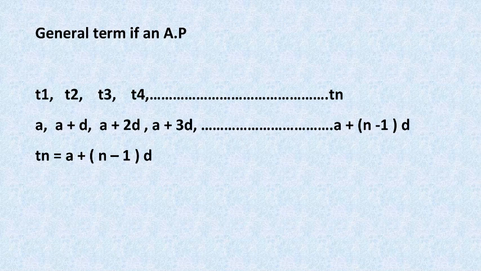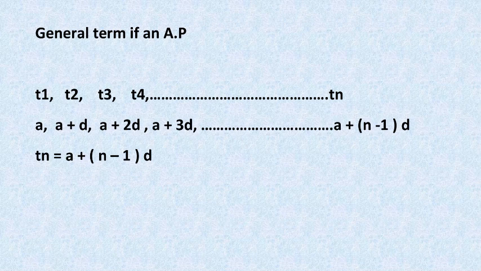So whenever we need to find out the nth term for the given sequence or series, you might be asked to find the fifth term, sixth term, eighth term, ninth term. In such a case, we use the formula Tn is equal to A plus n minus 1 into D. So this much is the theoretical part which we need to know about an arithmetic progression.